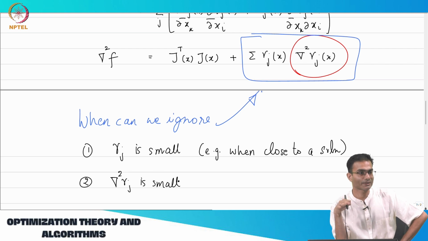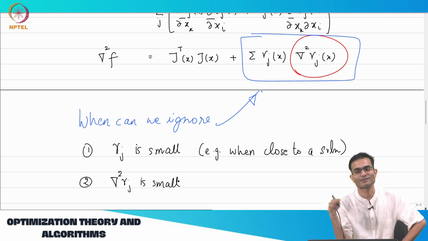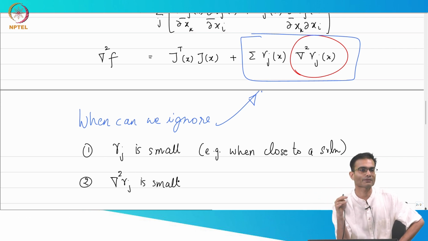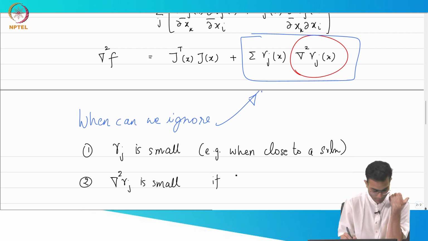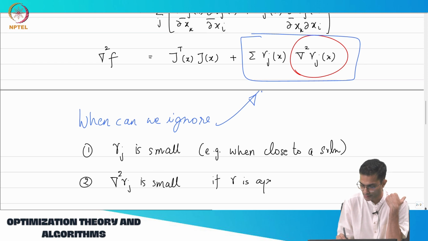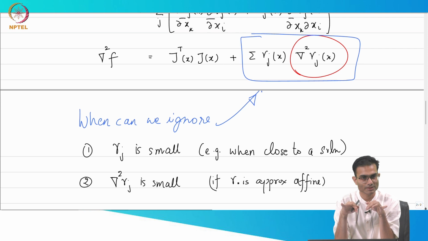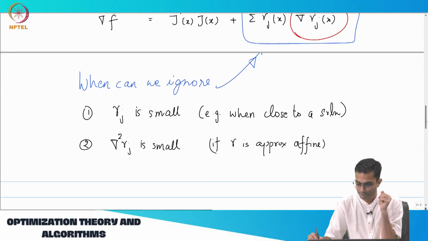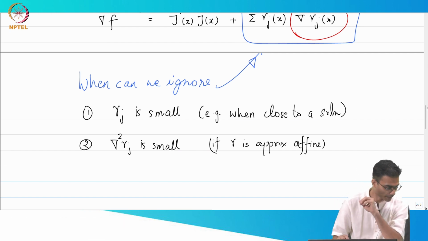If your model was linear, then there is no second order term, that's identically zero. That's the trivial case. But if it were weakly linear, for example, if r is approximately affine or linear, then the second derivative of it is going to basically be either 0 or very close to 0, right? So these are the two possibilities when we can ignore these terms.